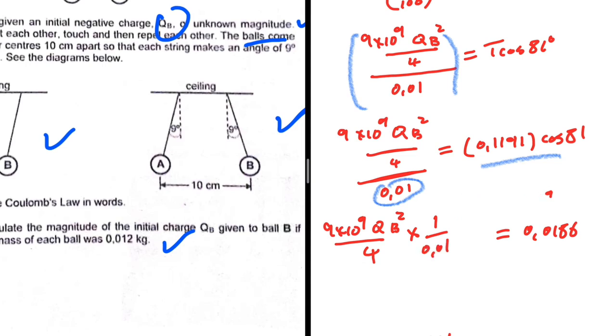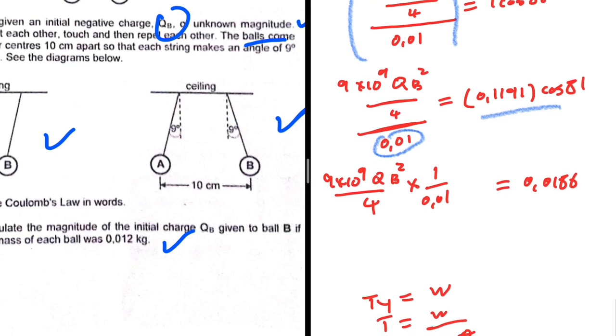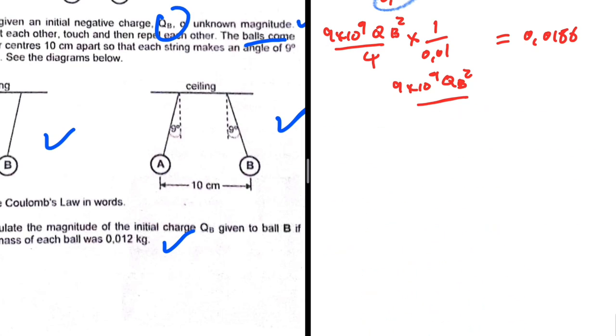So there we go. Multiplying the terms on the numerator together, we're going to get 9 times 10 to the power 9 QB squared divided by 4 multiplied by 0.04. So again, let me pull that down.